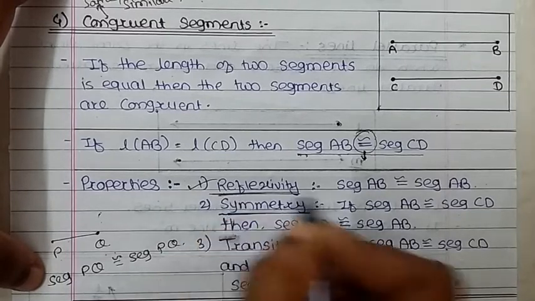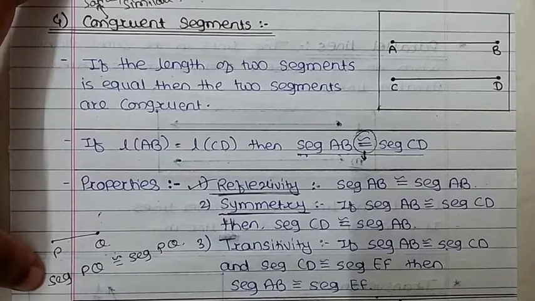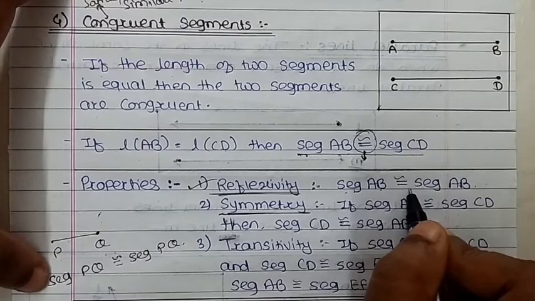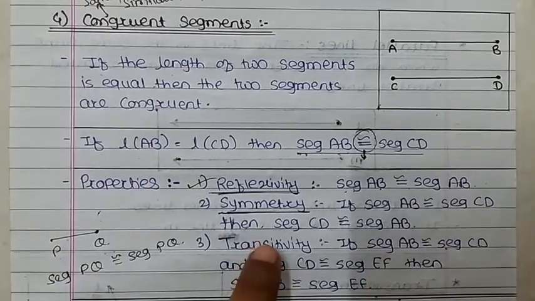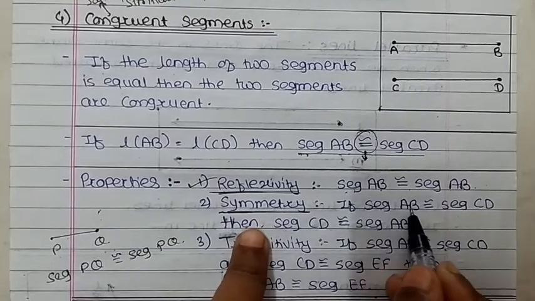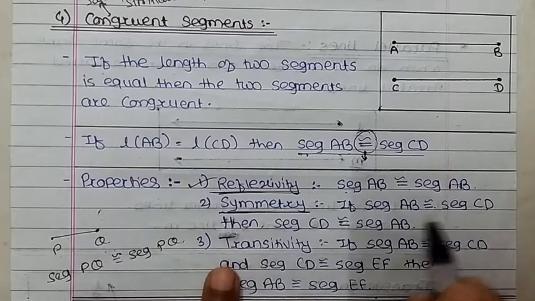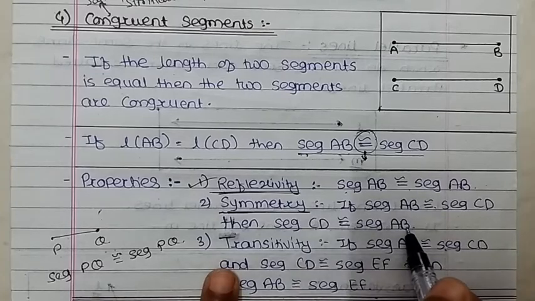Reflexivity clear to all of you? Reflexivity means the given line segment is always equal to itself, like segment AB is approximately equal to segment AB. Next thing is symmetry. If segment AB is approximately equal to segment CD, then we can say that segment CD is also equal to segment AB.